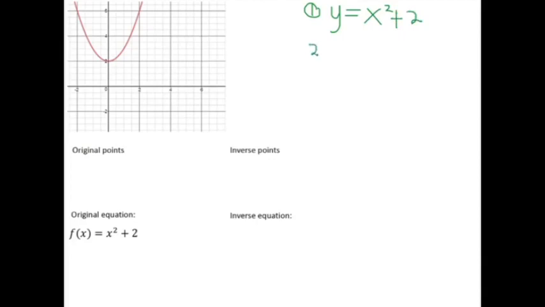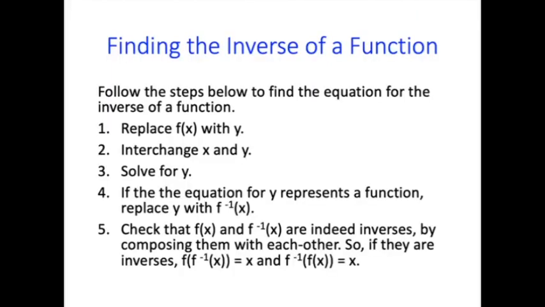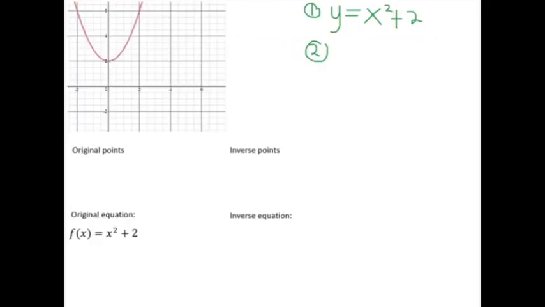And then for our second step, we interchange x and y. So we have x equals y squared plus 2.